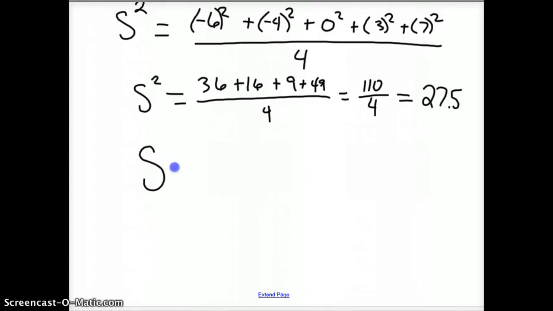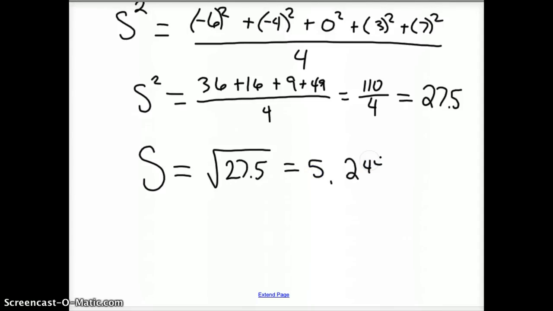And then the standard deviation, which is actually the average distance of all of your points from the mean. In this case, you take the square root of 27.5, which is approximately 5.244.